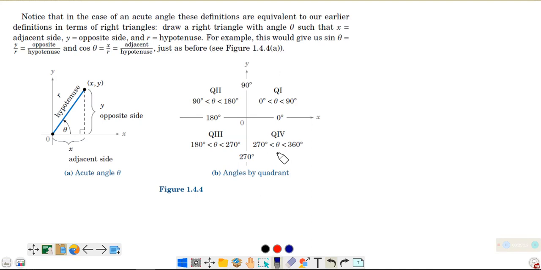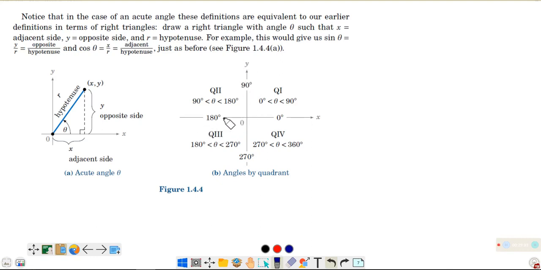Now, pwede tayong gumawa ng mga special markings dun sa ating Cartesian coordinate plane. So, lahat ng mga angle na 0 degrees ay nandito lang sa positive x-axis. Tapos, lahat ng equal to 90 degrees, nandito lang sa positive y-axis.